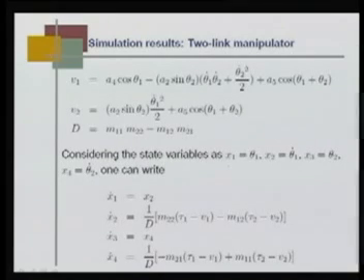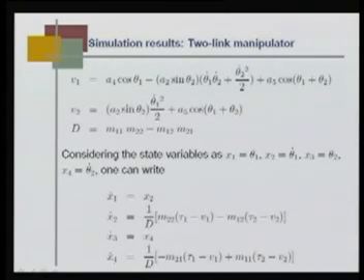Considering the state variables as x1 is theta 1, x2 is theta 1 dot, x3 is theta 2, and x4 is theta 2 dot, one can write x1 dot is x2 and x2 dot is 1 upon d times m22 (tau 1 minus v1) minus m12 (tau 2 minus v2), and similarly x3 dot is x4.